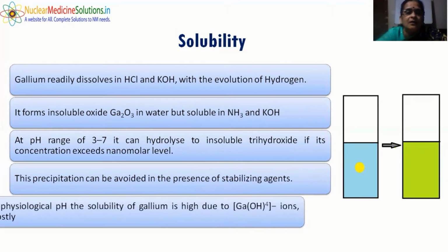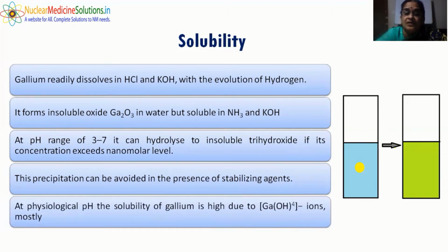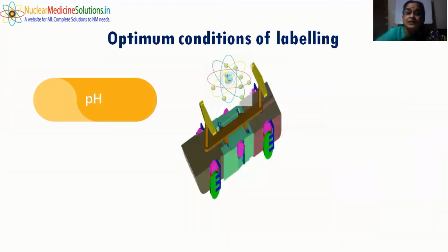And here, at physiological pH, the solubility of gallium is high due to gallium hydroxide 4 minus ions. Okay, and this is mostly in this form, gallium hydroxide. And now here, the conditions of labeling.